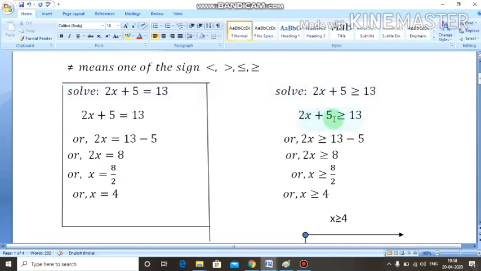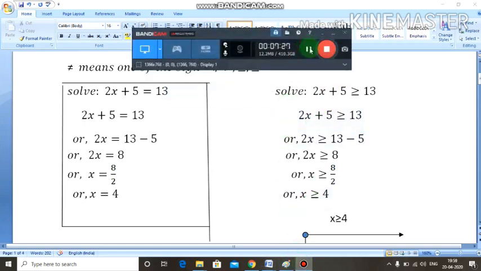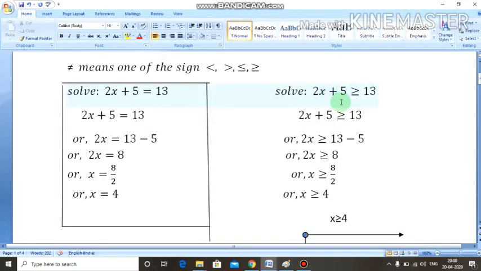To solve this, we have taken 2x + 5 ≥ 13, and I have repeated the line.